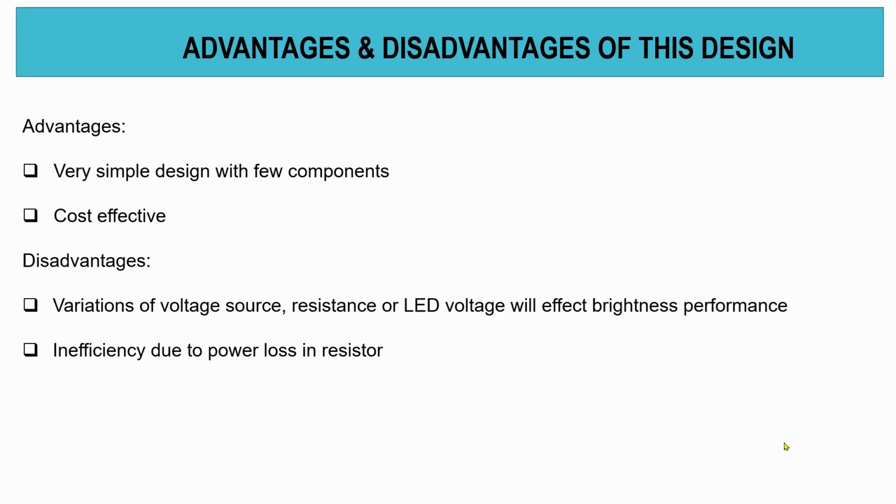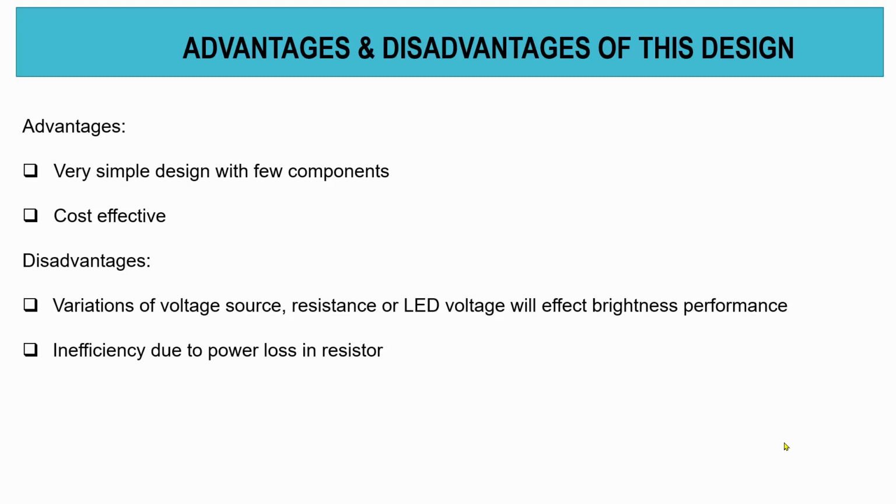For 10 milliamp, you might lose only 26 milliwatt in the resistor. However, if you have an LED that draws 100 milliamp or 300 milliamp, that will create a lot of power loss in those resistors. So this type of design is not feasible for those.